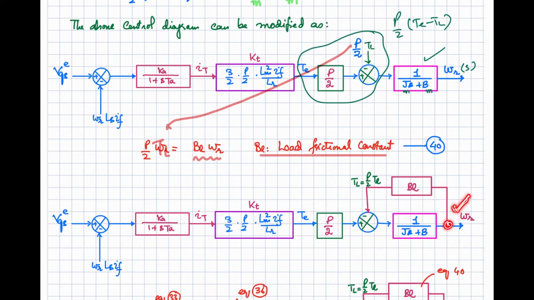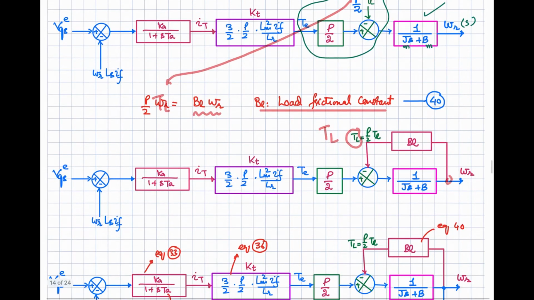As the speed of your motor changes, through the friction coefficient, the torque that is being applied in the form of disturbance over your motor is going to change, and that is defined like that. So we are going to call this P by 2 into TL equal to this TL, right? So we will be representing it like this from now onward.